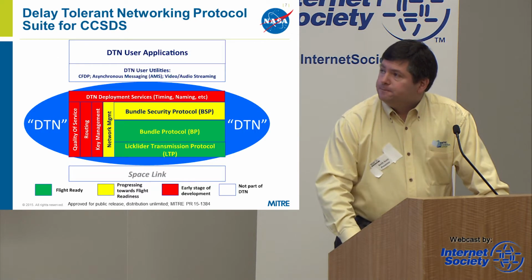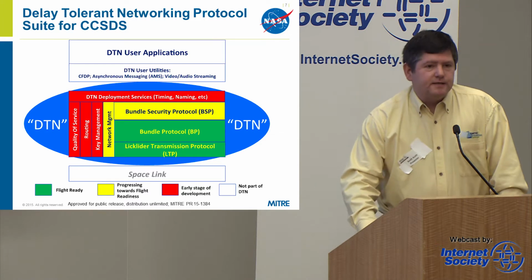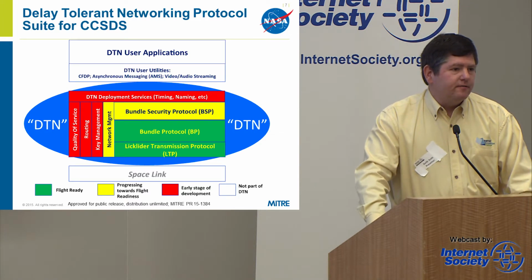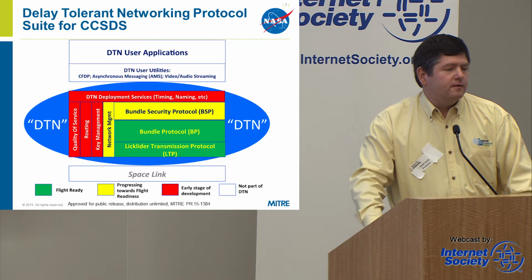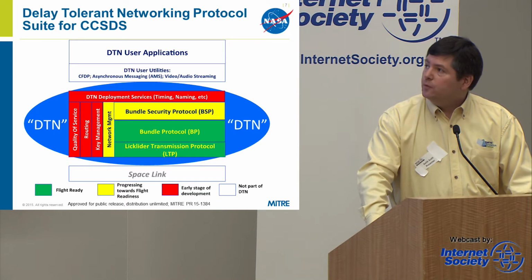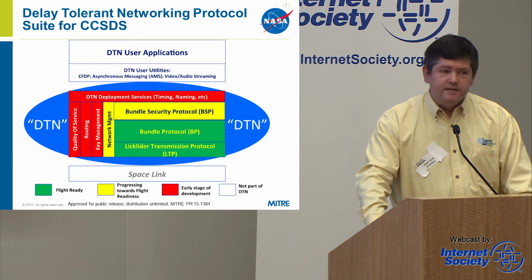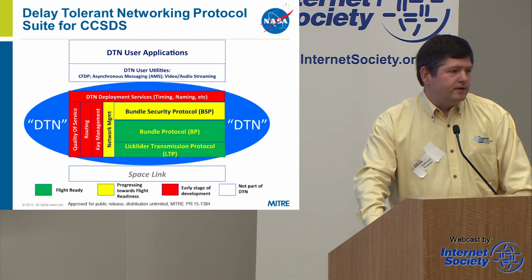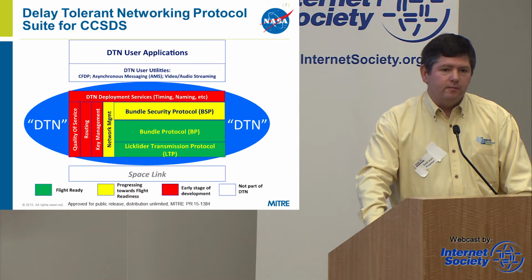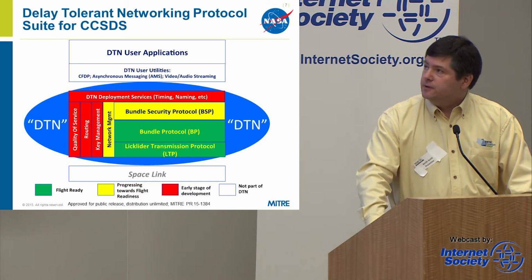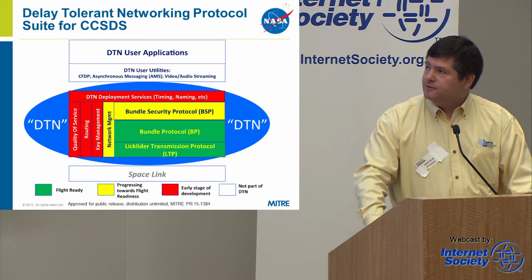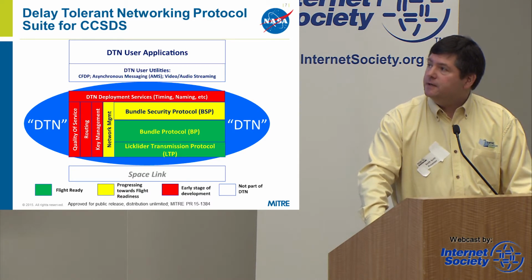Next slide. So this is sort of the what is DTN versus what is bundle protocol. A lot of people, when we speak of DTN, there's more to it than just this sort of internetwork layer bundle protocol that's doing some of the jobs of IP and some of the jobs of TCP.